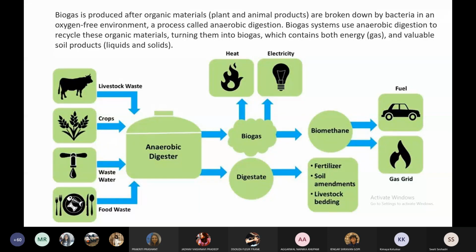This diagram talks about how organic matter in terms of plant and animal products or even human feces are broken down by the bacteria in an oxygen-free environment, a process called anaerobic digestion. The biogas system uses anaerobic digestion to recycle the organic matter. So this diagram shows how from a particular waste matter you can use it as a resource and then use it for gas.